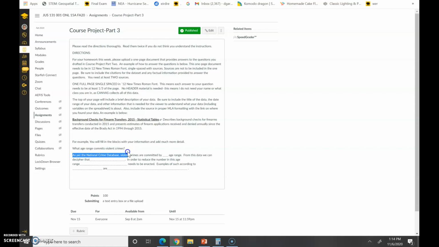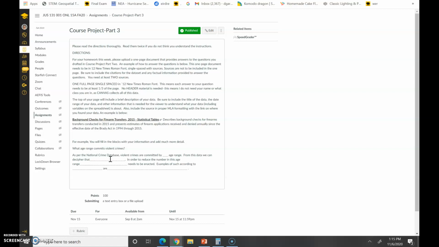So, for example, as per the National Crime Database, violent crimes are committed by, and I would take the data from my table that I had in part 2. From this data, we can decipher that X, Y, and Z, that it looks as if more crimes are committed by individuals between the ages of 18 and 24.